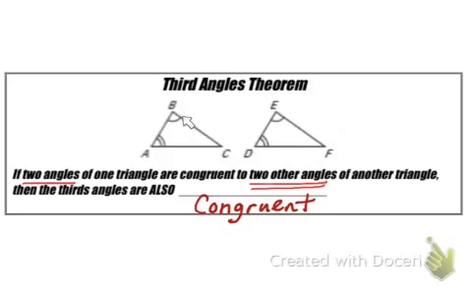So if angle B is congruent to angle E, and angle A and angle D have the same measurement as well, it has to be true that the last remaining angles are also congruent, since all the interior angles of each triangle add up to 180 degrees.